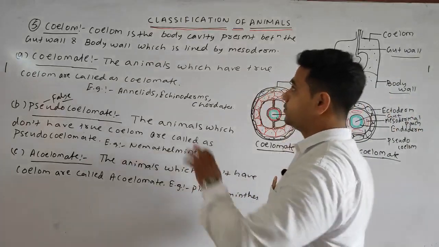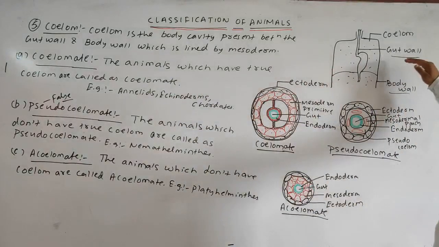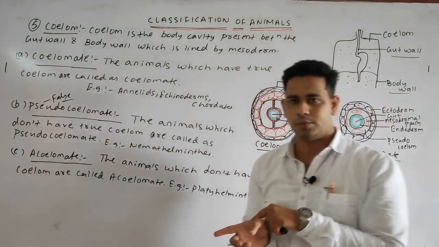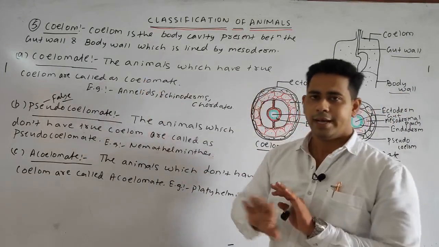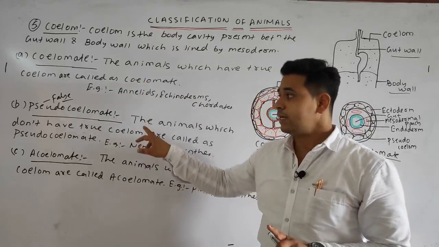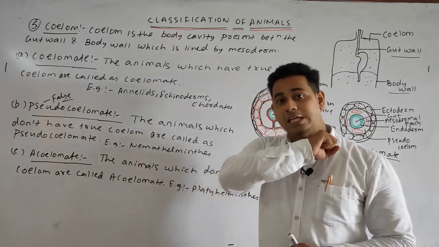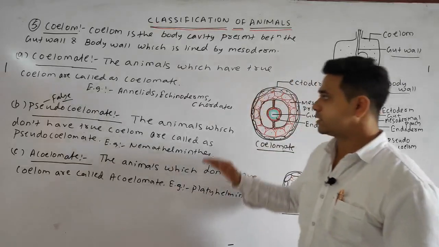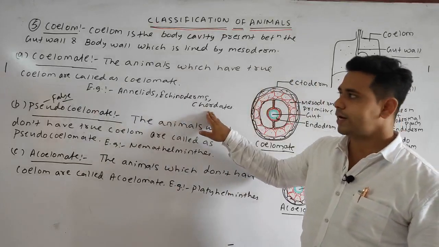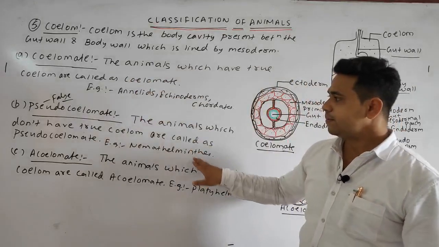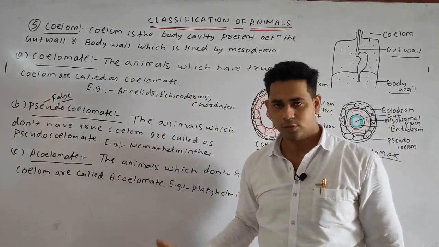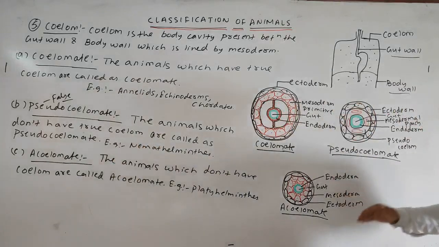The coelom, as we discussed, is the body cavity in between the gut wall and the body wall. It is of three types. If true coelom is present, coelomate. If true coelom is not present, then pseudocoelomate. If coelom is absent, then it is called acoelomate. Examples are annelids, echinoderms, chordates in case of coelomate, Nemathelminthes in case of pseudocoelomate, Platyhelminthes in case of acoelomate. Okay, and these are your diagrams. Please note down.